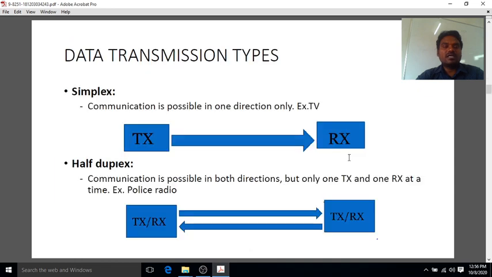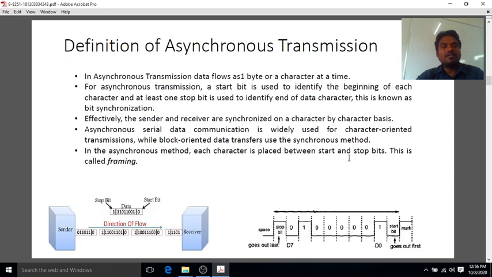Next one is asynchronous. Asynchronous is nothing but this side uses one clock and that side uses another clock, and in between we transmit the data. That is asynchronous data transmission. It is serial communication only, serial data transmission only.